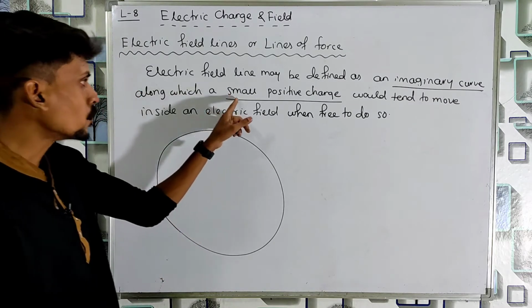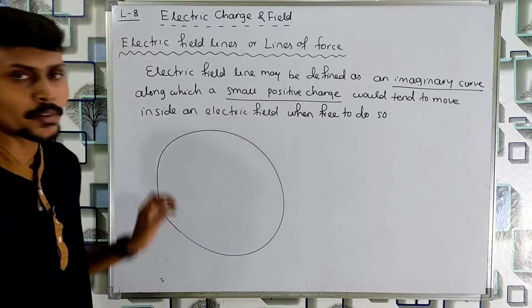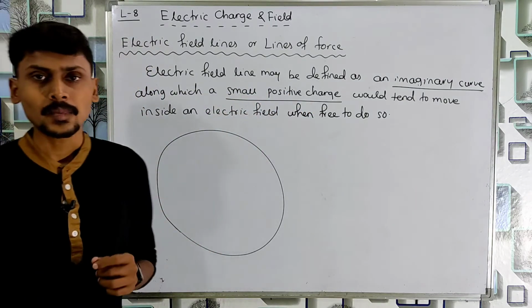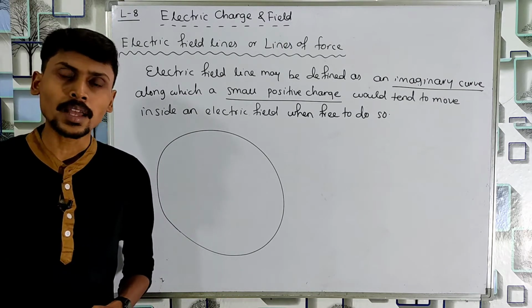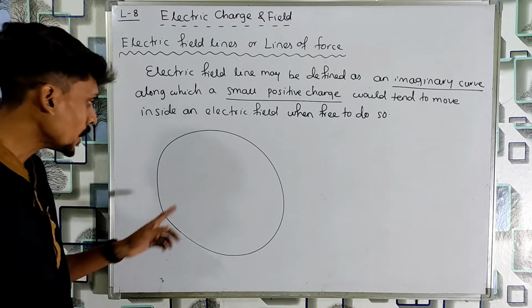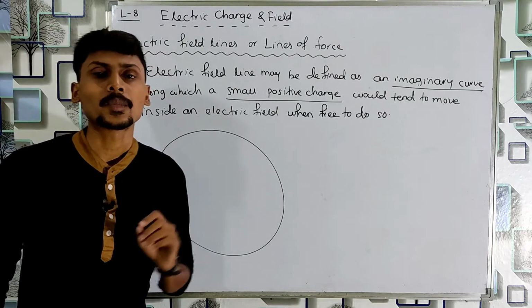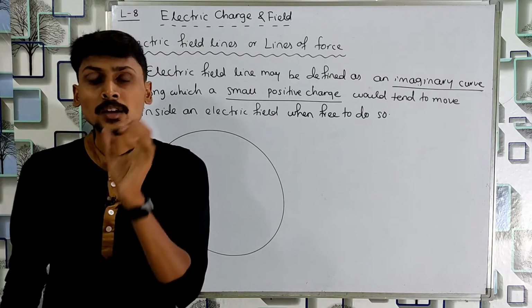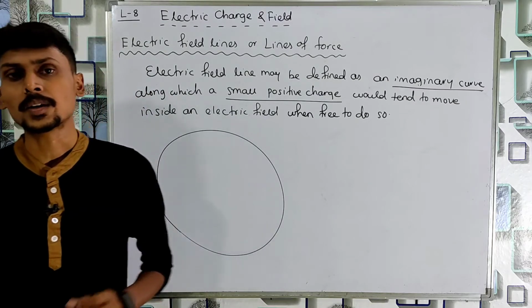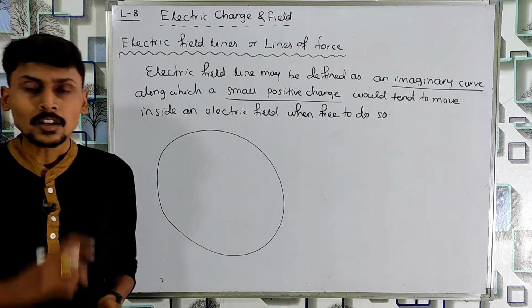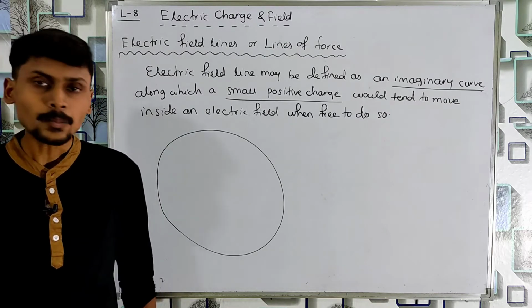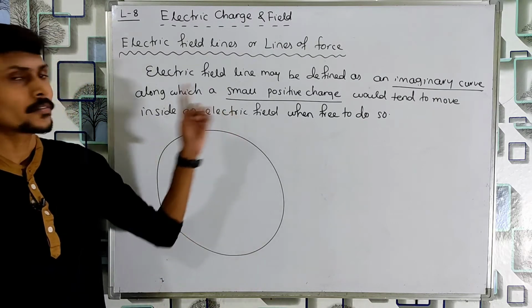So if you place a small positive charge inside the electric field, it will be accelerated and it will start moving due to the electrostatic force acting on it. And when it moves inside the electric field, you have to just look at the path followed by the charged particle, along which path it is moving. Then draw that path. That path will be the electric field line.